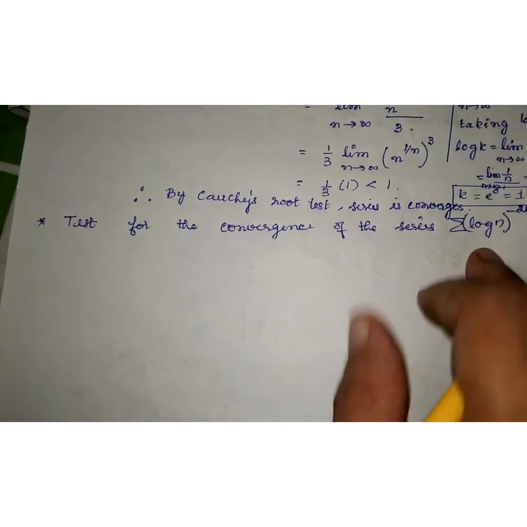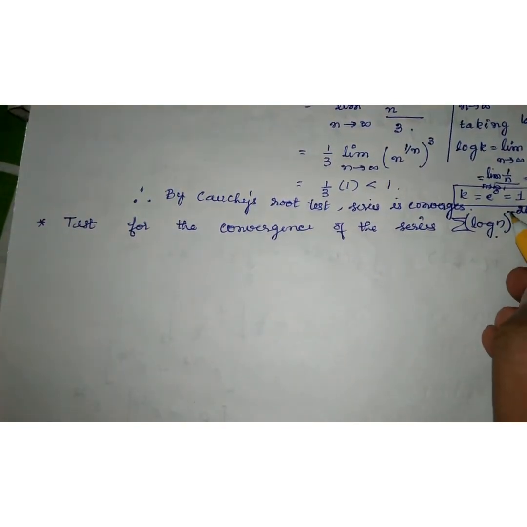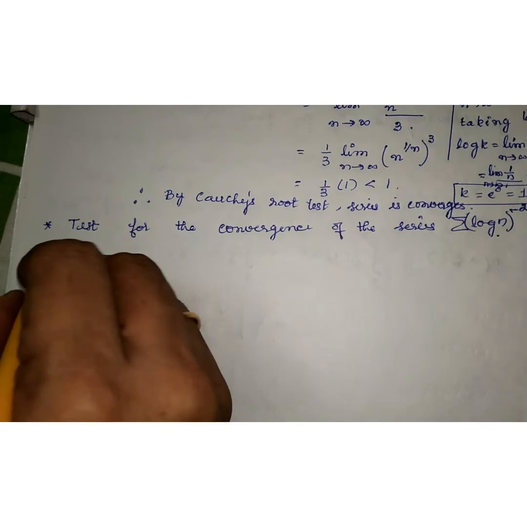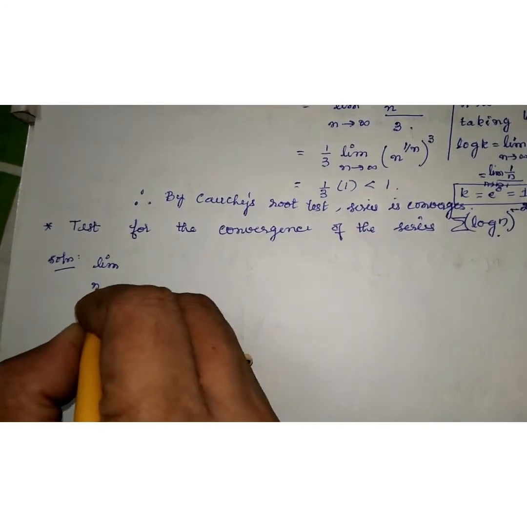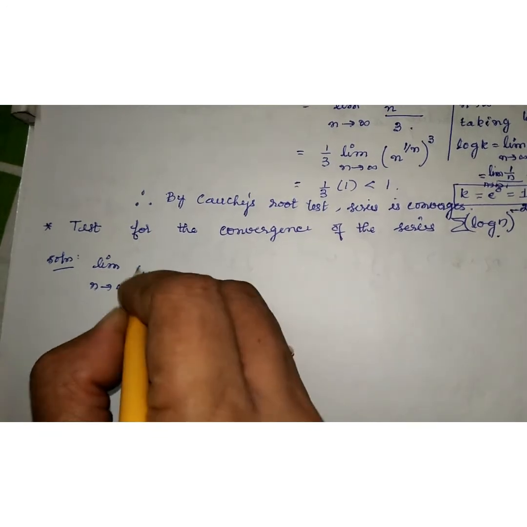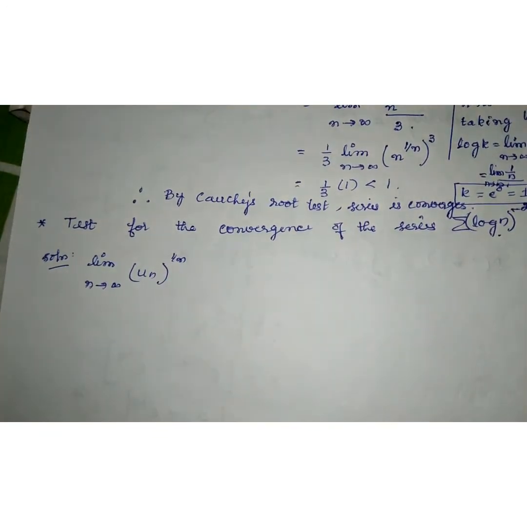It is: test for the convergence of the series summation log n to the power minus 2n. So let us try to solve it. It is limit n tends to infinity un to the power 1 by n.